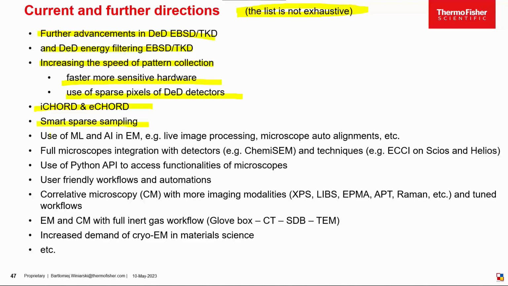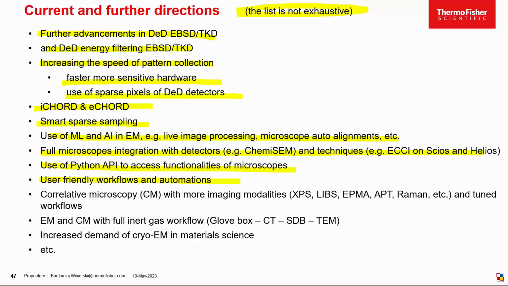Use of machine learning and artificial intelligence in electron microscopy, for example, live image processing, microscope auto-alignments, etc. Full microscope integration with detectors, for example, ChemiSEM, and techniques, for example, ECCI on SIOS and Helios. Use of Python API to access functionalities of microscopes.